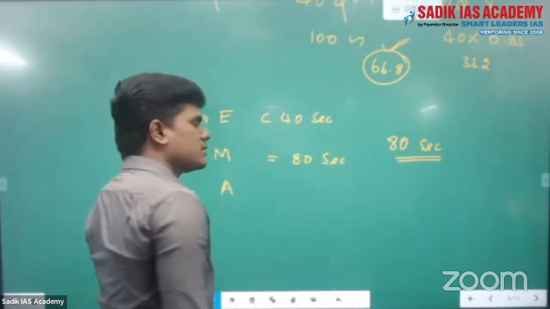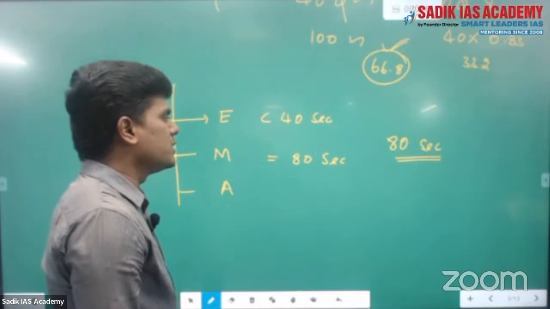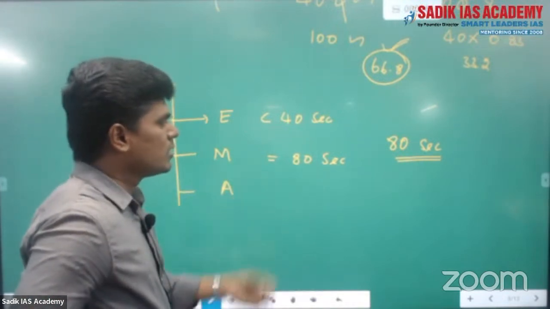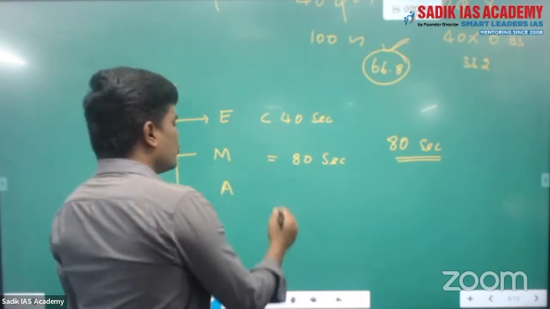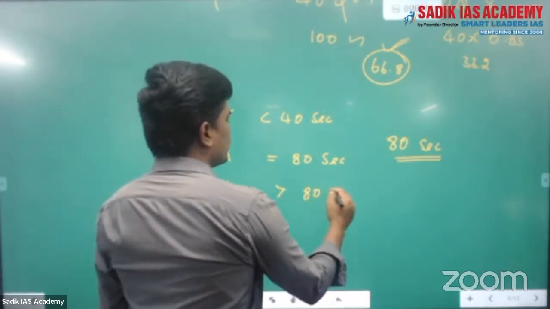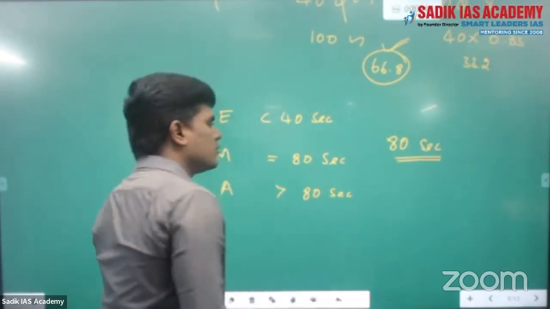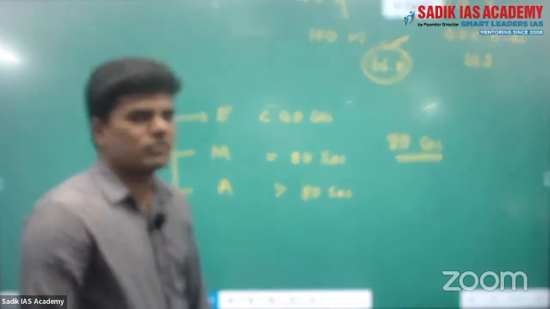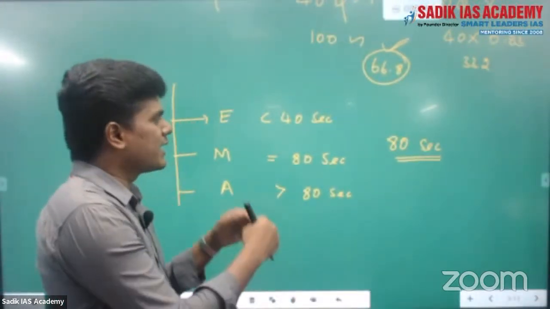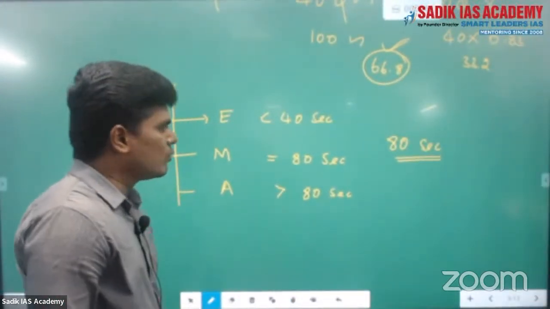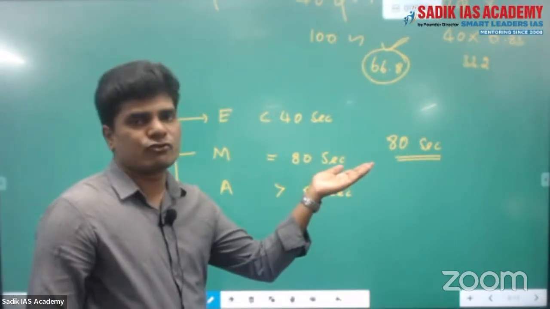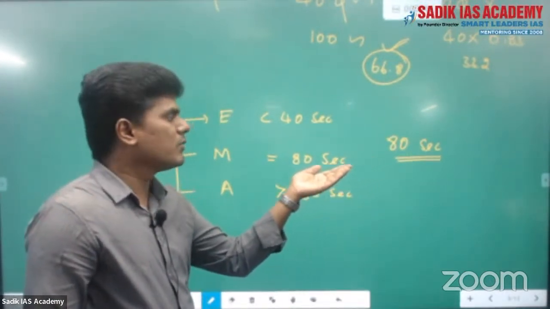Around 80 seconds, if I take to complete a question, it is considered to be what? The moderate question. If I take more than 80 seconds to answer a question, that question is considered to be an advanced question. So here we can categorize the easy, moderate, advanced based on the time taken to solve the question. So that is what I'm trying to say.